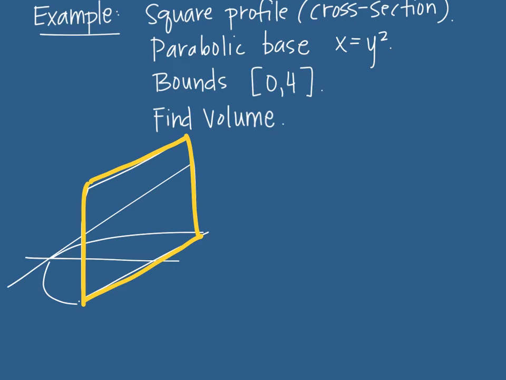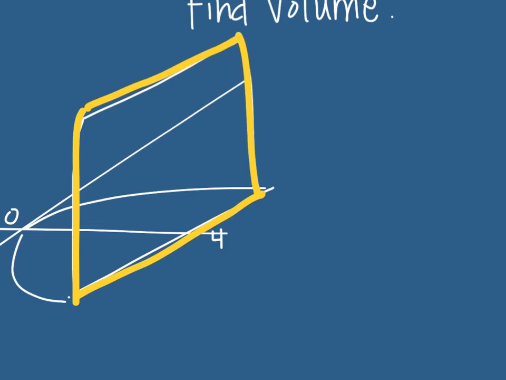If I am going from 0 to 4 along the x-axis, here's 0, here's 4. If 0 and 4 are on the x-axis, what are the coordinates of the corners?